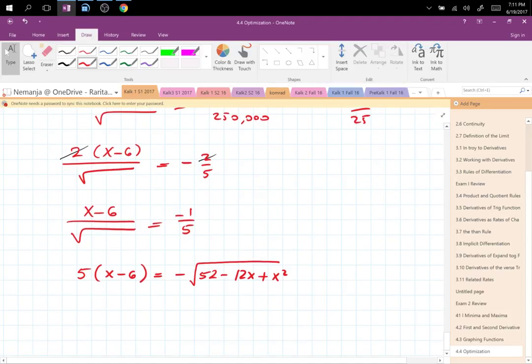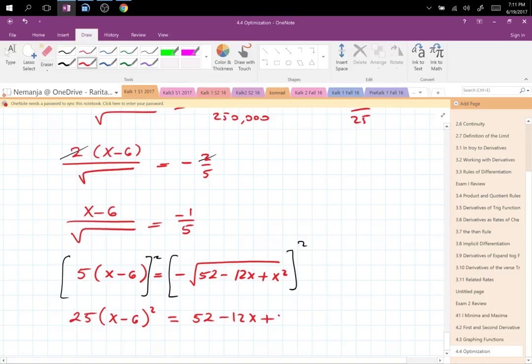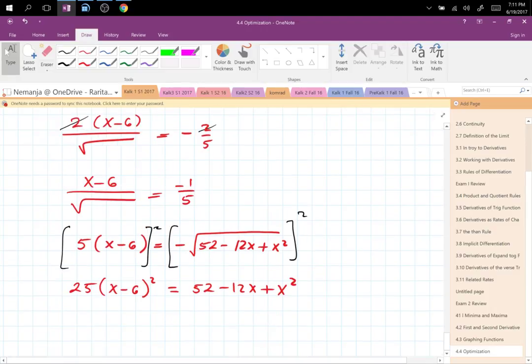Square both sides to get rid of the square root, we get 25 times x minus 6 squared is equal to 52 minus 12x plus x squared.